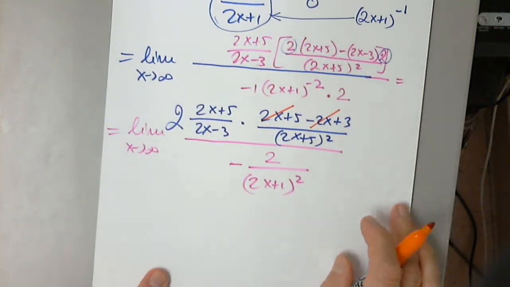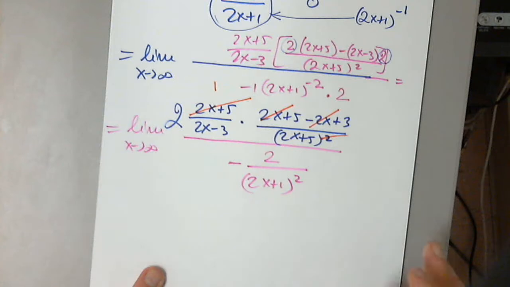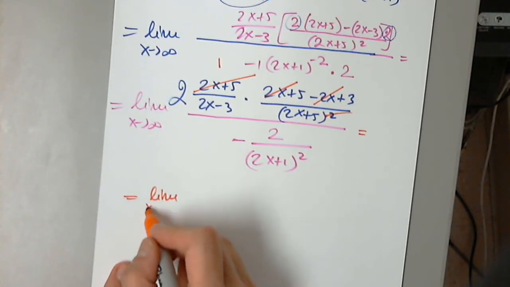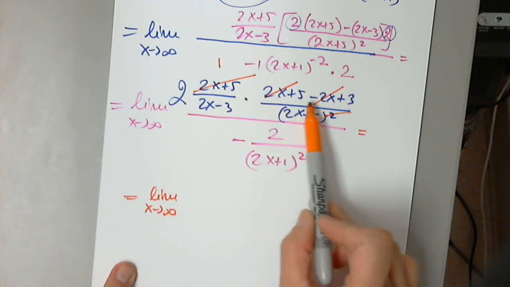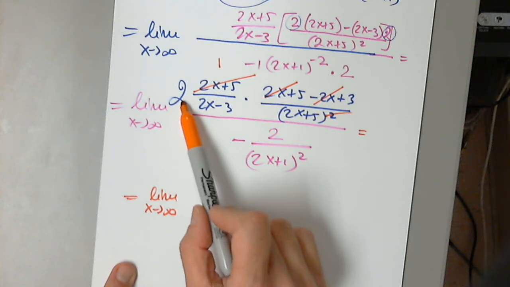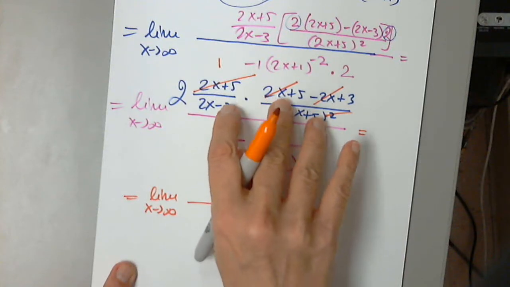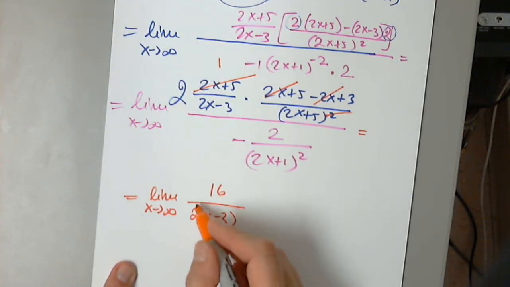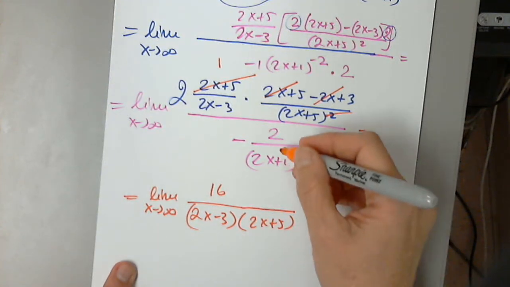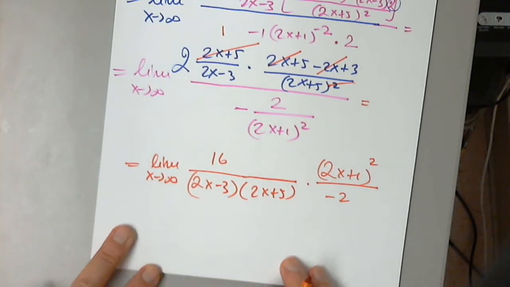Luckily, these two go away. Also, one of these with one of these. So then, limit as x approaches infinity. Let's see what is left at the top. 5 plus 3 is 8 times 2. So 16 over this product, 2x minus 3 times 2x plus 5. And then I flip this into 2x plus 1 squared over negative 2.